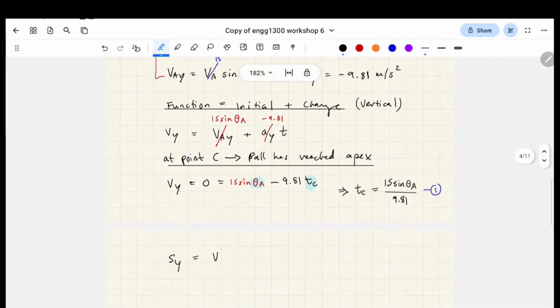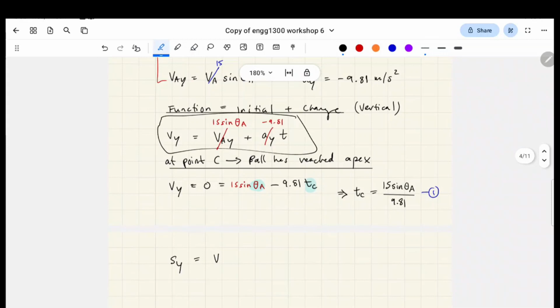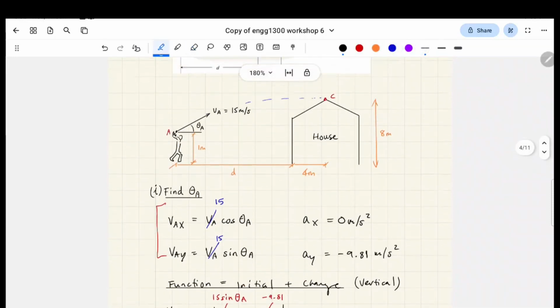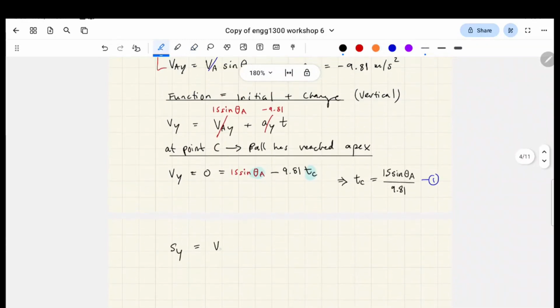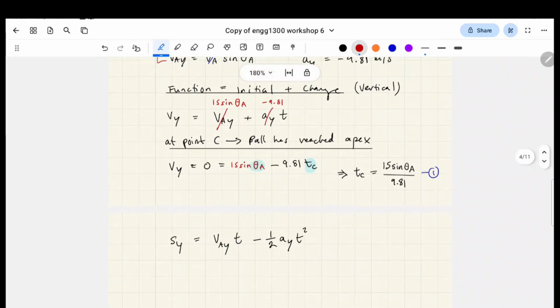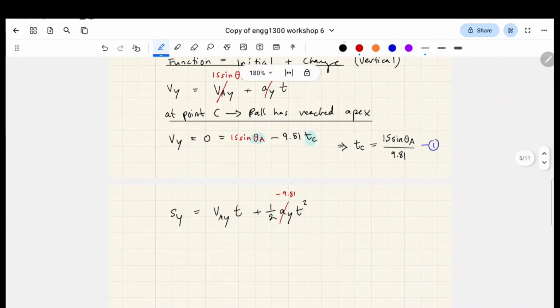All we're going to do is have a look at this and integrate it with respect to t, which brings it up to t to the power 1, right? So that's what we've done.